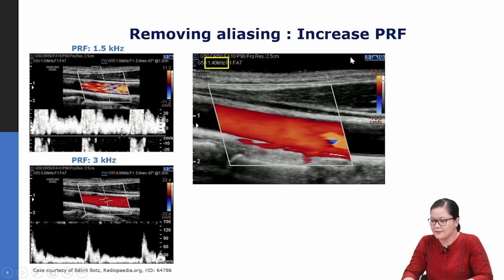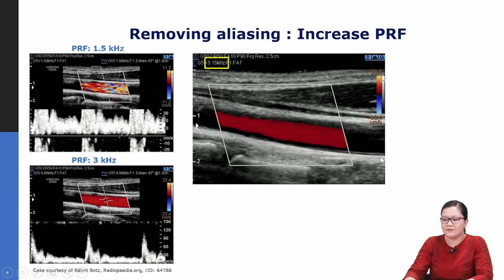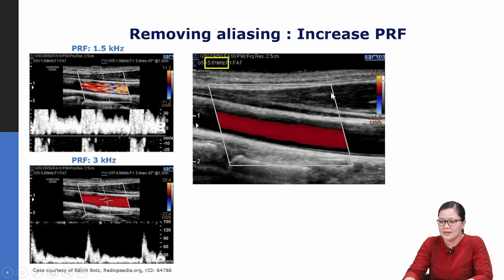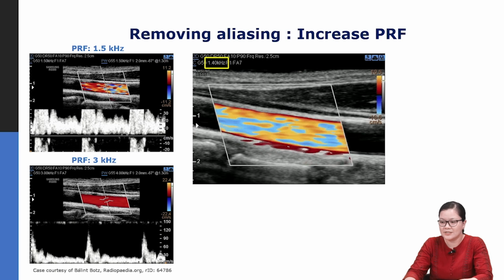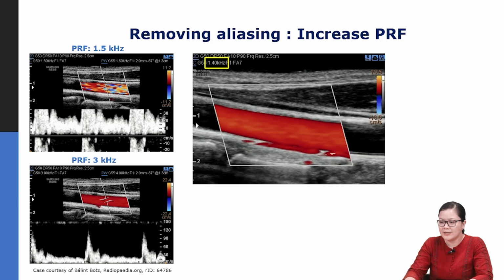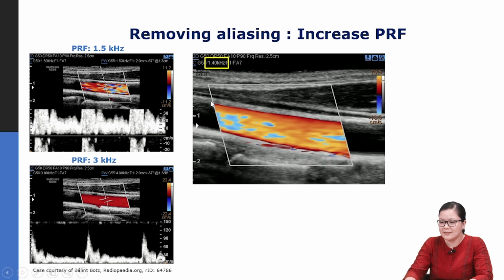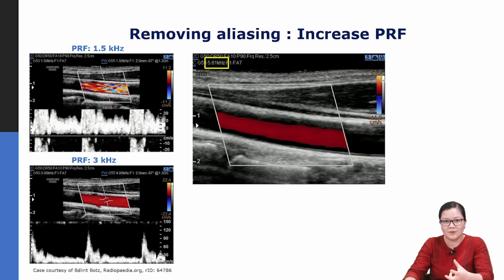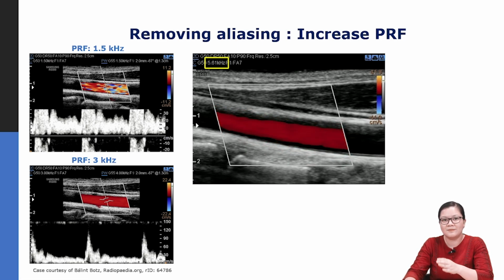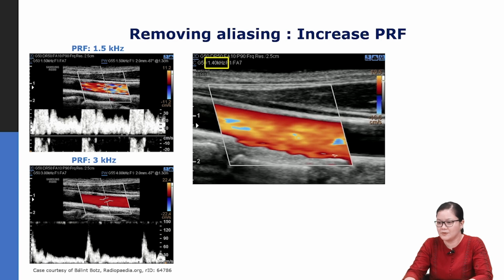And here we have a video where, if you look at the top left of this image, the pulse repetition frequency is actually changing. At 1.4 kilohertz, every time the heart beats and emits blood flow, that flow will be higher velocity because of the force of the heart.